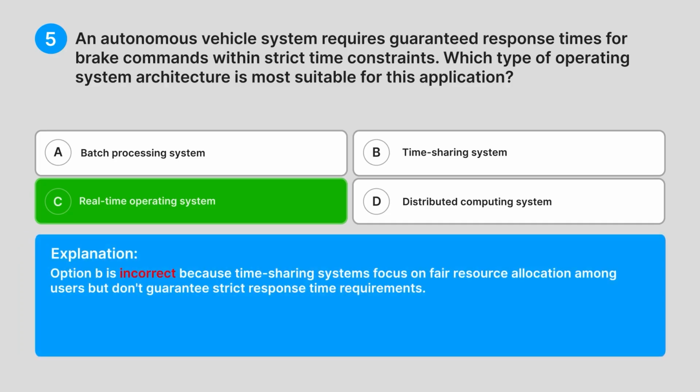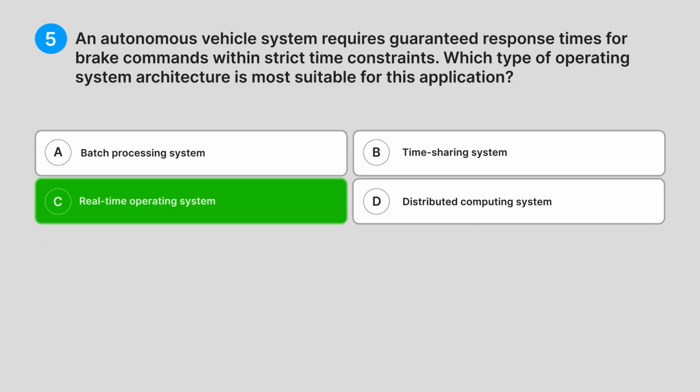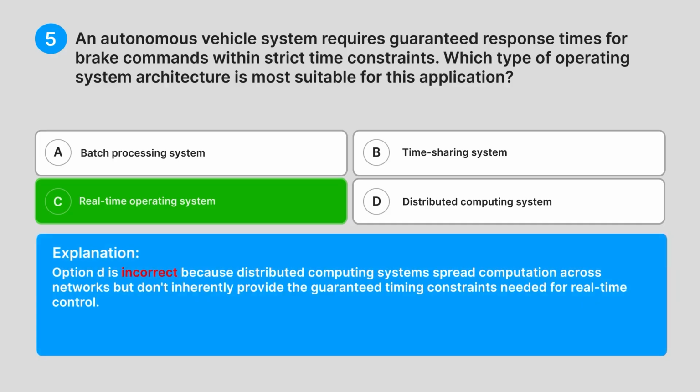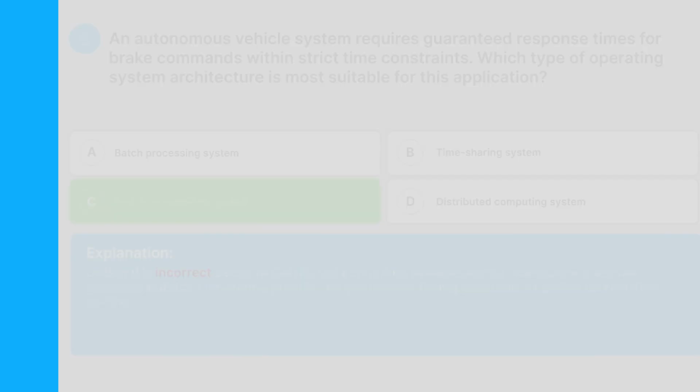Option B is incorrect because time-sharing systems focus on fair resource allocation among users but don't guarantee strict response time requirements. Option D is incorrect because distributed computing systems spread computation across networks but don't inherently provide the guaranteed timing constraints needed for real-time control.